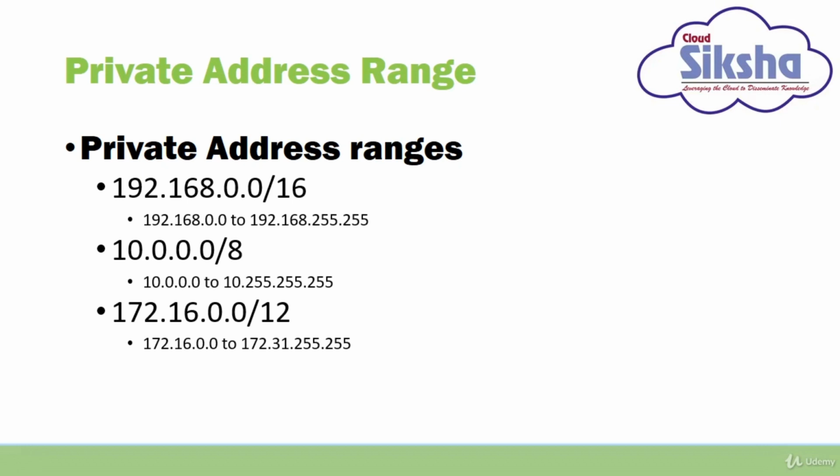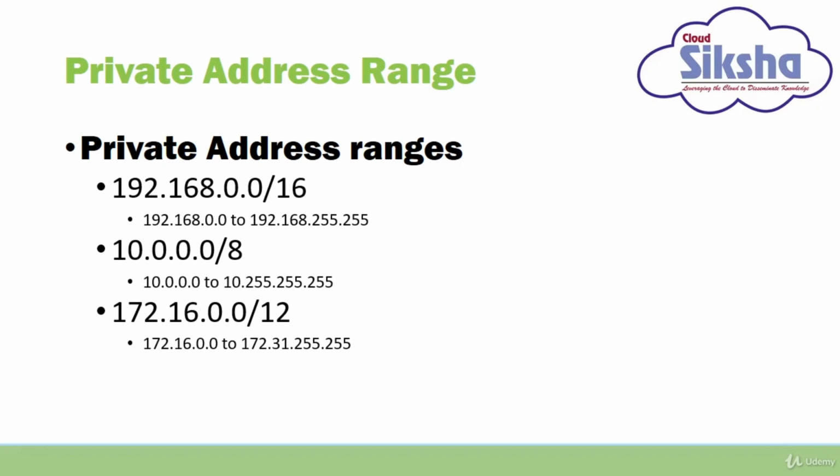Somebody sitting on the top floor of your same building, a different company, can use this range of IP addresses. A person on the third floor can use this range of IP addresses without any conflict, because these are local to your company. These are private address ranges. They are not seen on the internet. So there will be no clash on the internet for these ranges. These are designated private ranges.